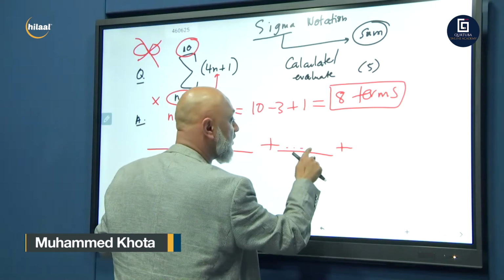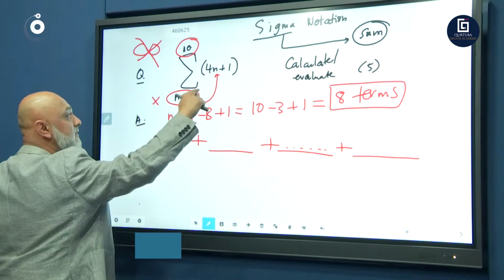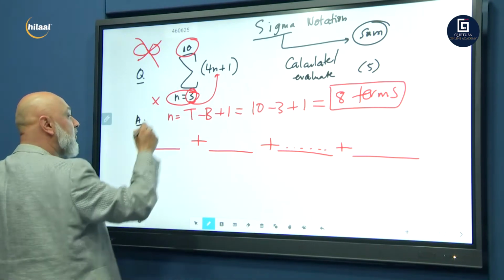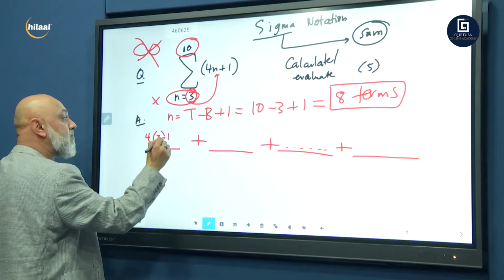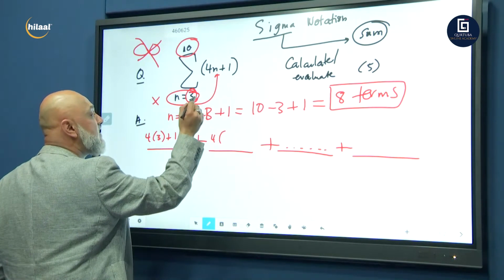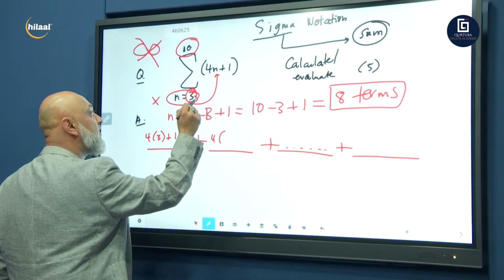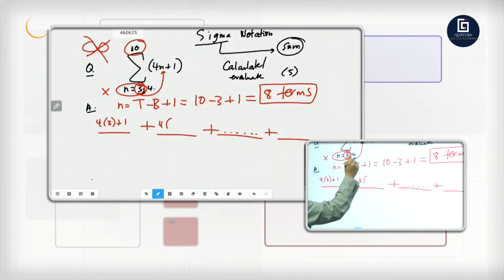So you can say dot, dot, dot, going to our last term. What's your first term? Let's substitute 3. You take your next integer, going in ascending order from lowest to highest: 3, 4, 5, 6, going on. But we're only going to do the first 3.